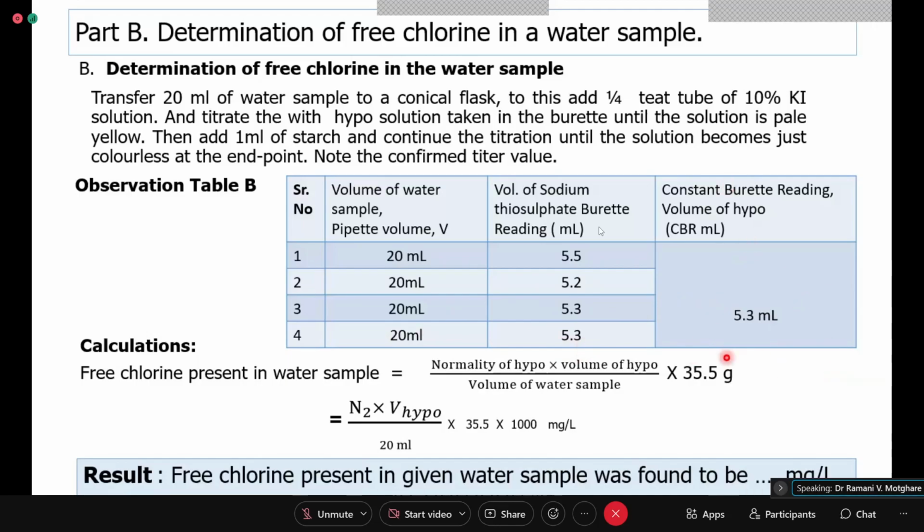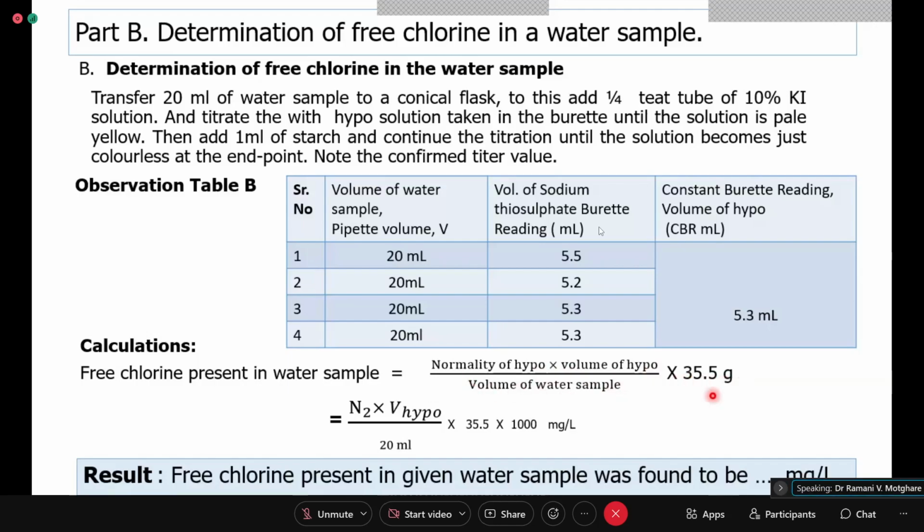Now this reading we will use to calculate the free chlorine. Free chlorine present in water sample is equal to normality of hypo into volume of hypo upon volume of water sample taken into 35.5 grams.